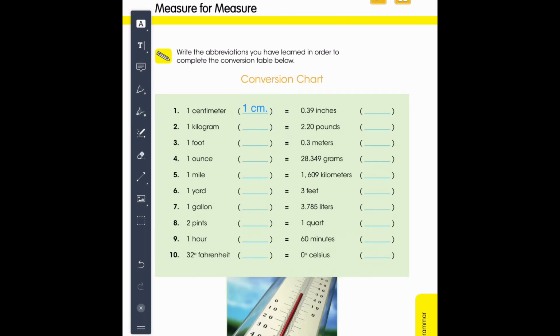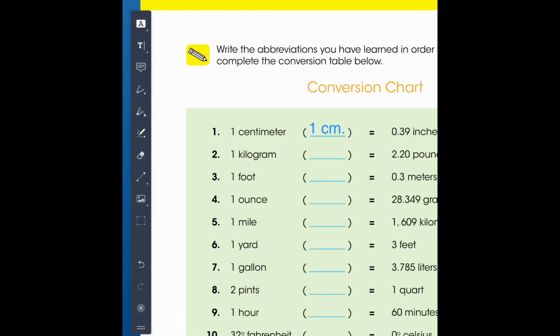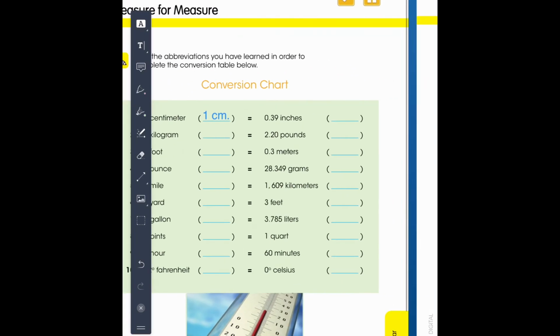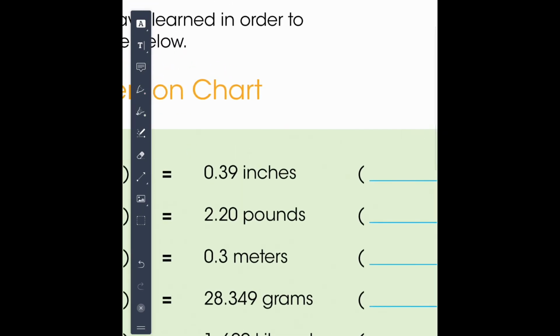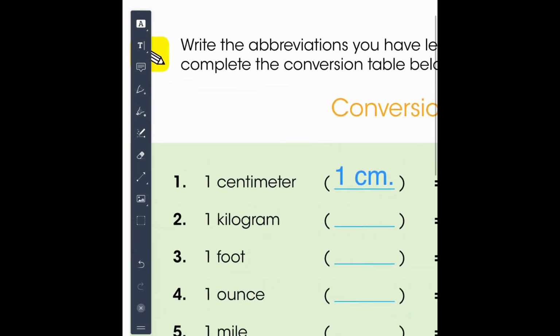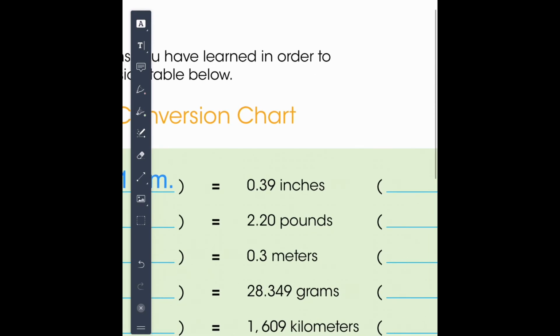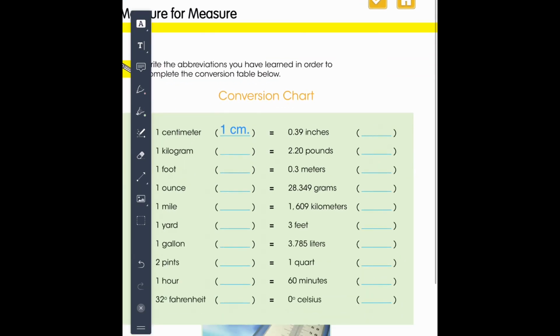Now you can continue with number 2, kilogram. Oh, and before that, remember that across that, we also need to write an answer for number 1, transforming 1 centimeter into inches, which is 0.39 inches. So here we also have to write an answer.